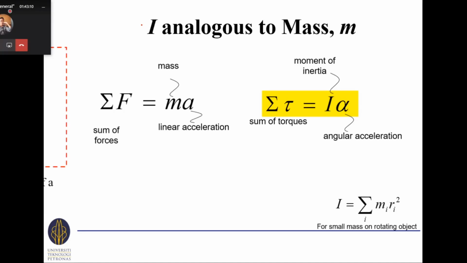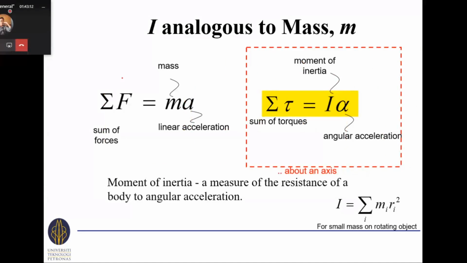So this is what we can do to compare. In linear motion, you will say it is F equals to ma. In rotational motion, torque is equivalent to the force, moment of inertia equivalent to the mass, alpha equivalent to the linear acceleration. And for a small mass on a rotating object, it is defined by I equals to m r square.